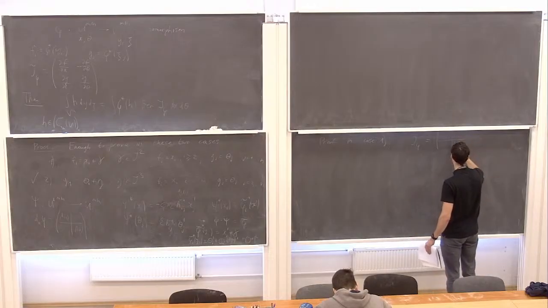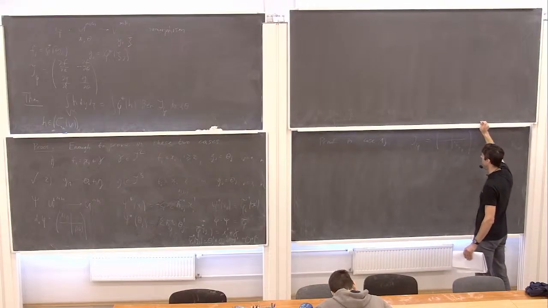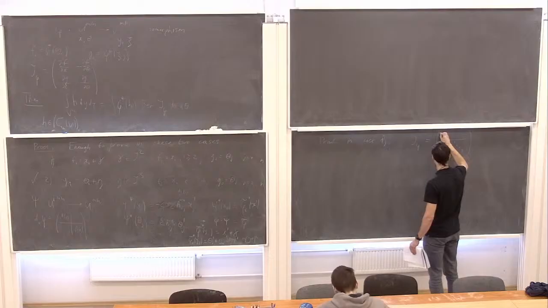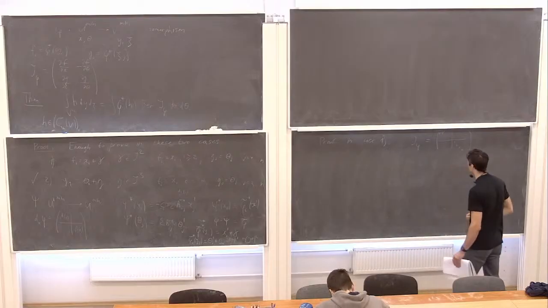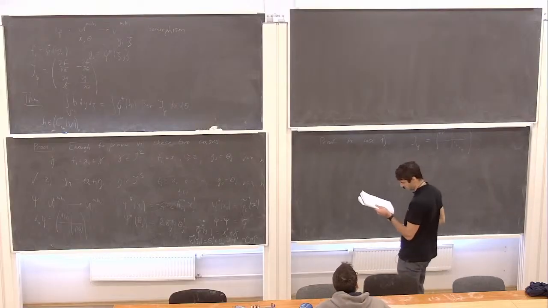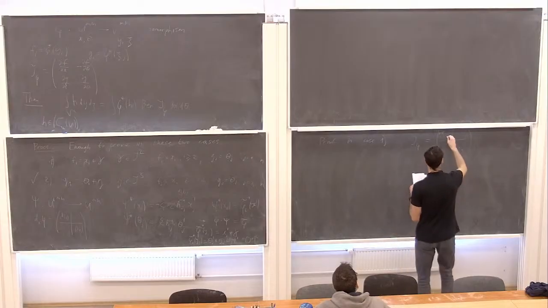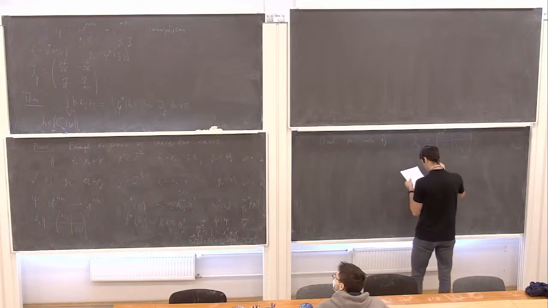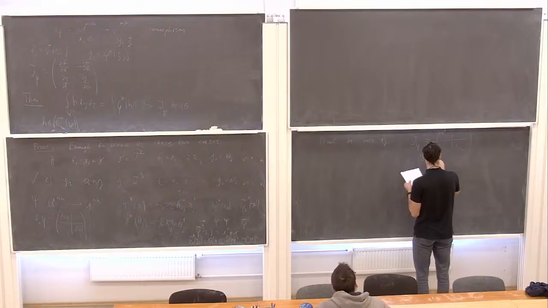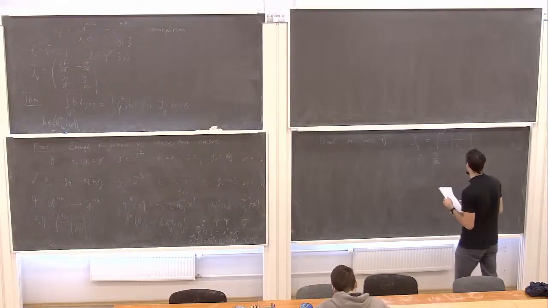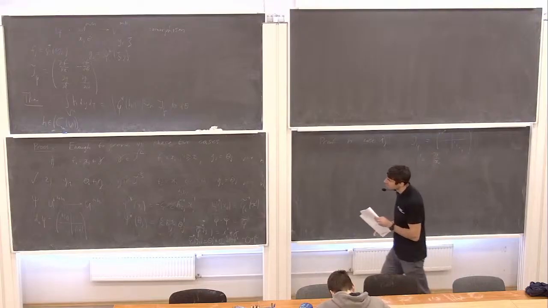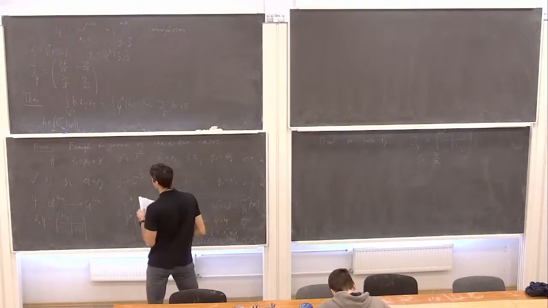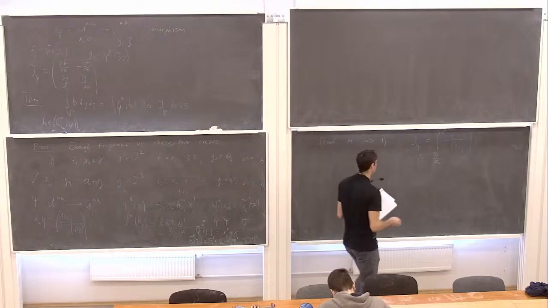I have ones here, and then I have 1 plus gamma prime here, where gamma prime is d gamma over dx_1. And then I have ones here.